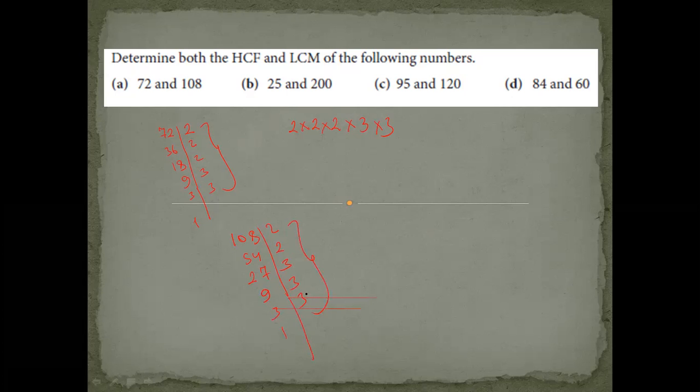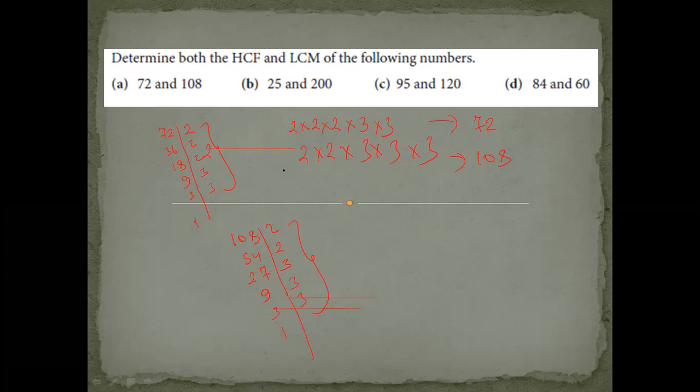Okay, the prime factors of 108 we can write: 2 times 2 times 3 times 3 times 3. So this is the prime factors of 72, and this one is 108.